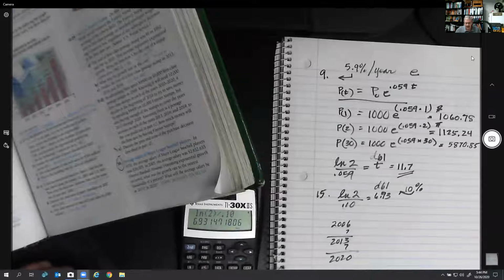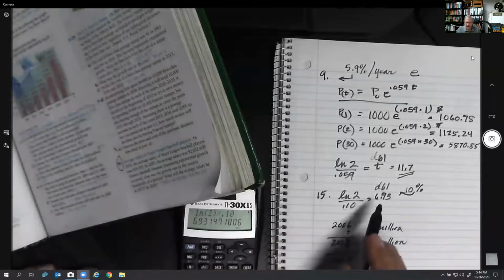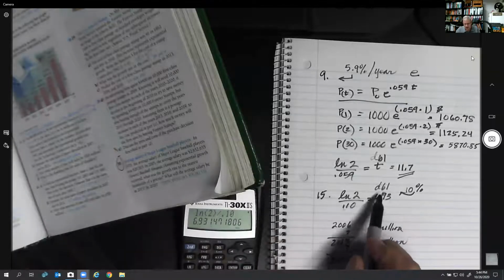So we can kind of tell, if the demand was, it didn't say how much, a million, then in 2013 it'd be 2 million. And then that's going to double to 4 million, based on that rate. Now, that rate can go up or down.